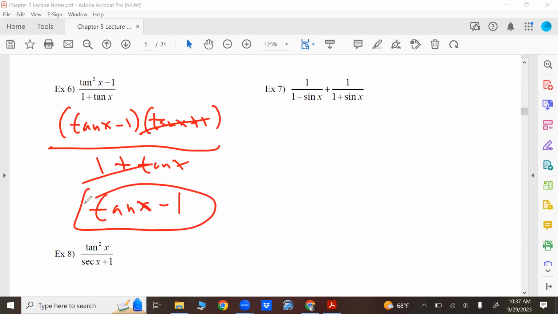Well, sine can't be 0. It's just like pi. Okay, that should be pretty easy. Example 6, guys. We good? Okay, cool. All right, let's keep moving.